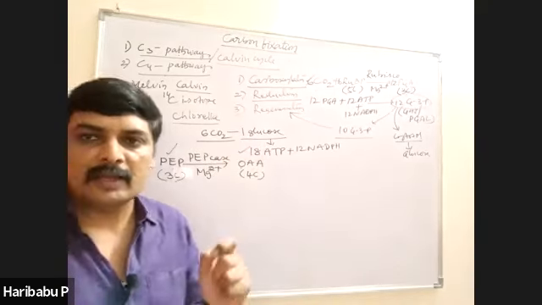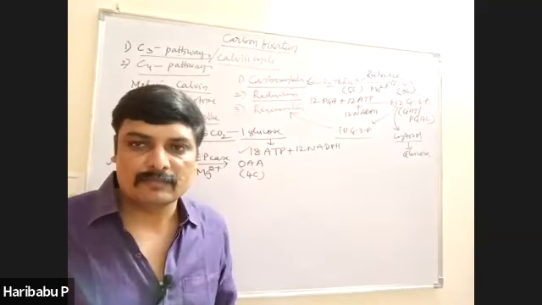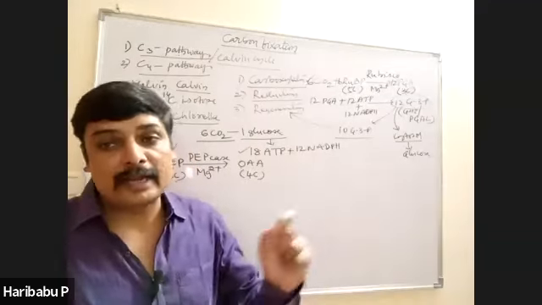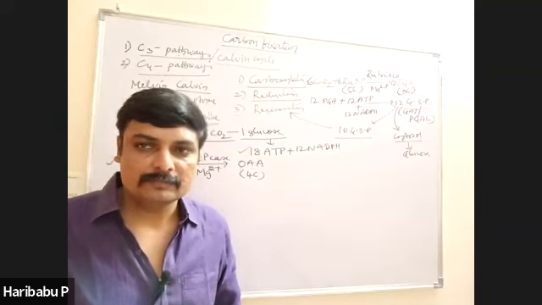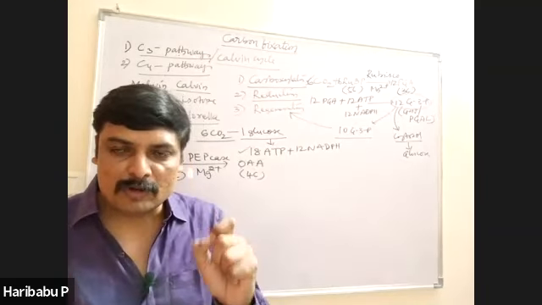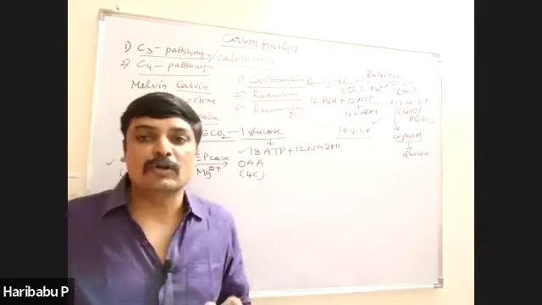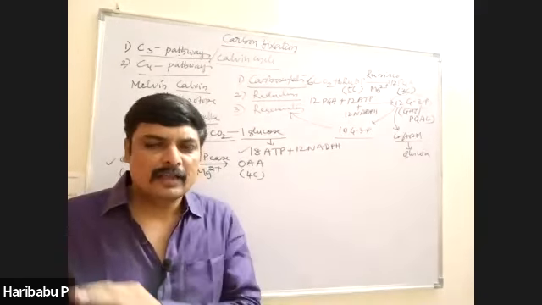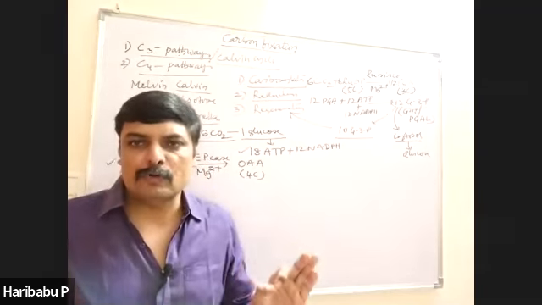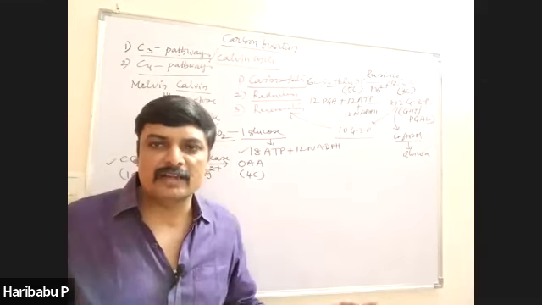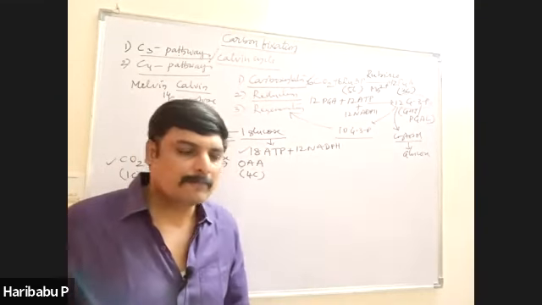C4 plants can tolerate high temperature. They grow at high light intensities. They utilize water efficiently. Their yield is more. Like that, in every character, C4 plants are more efficient than C3 plants.